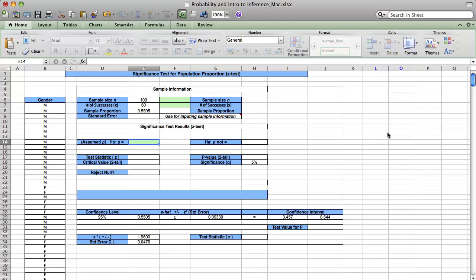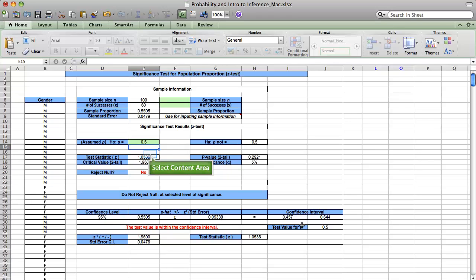We'd like to test the assumption of 50% women. So to formulate the null hypothesis, I simply input 0.5 as an assumed population proportion. When I hit enter, my results are shown.